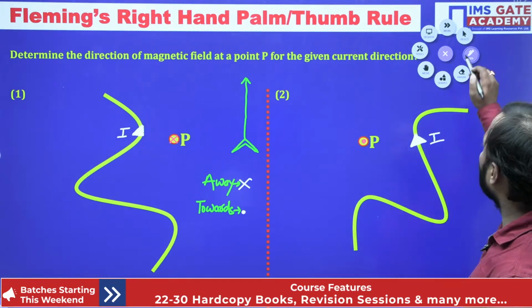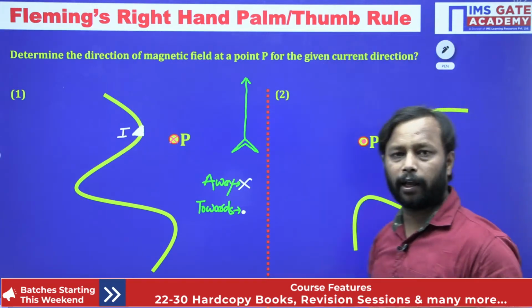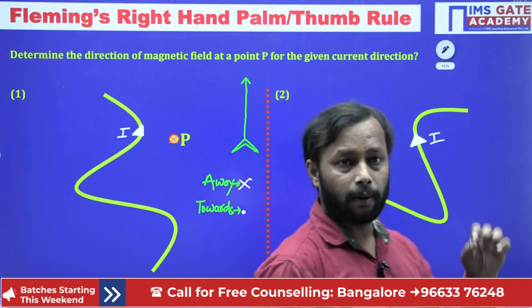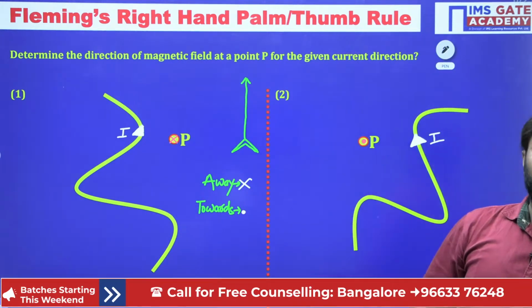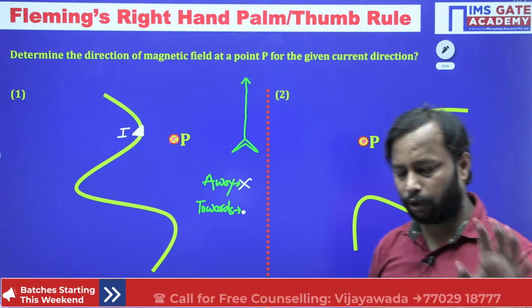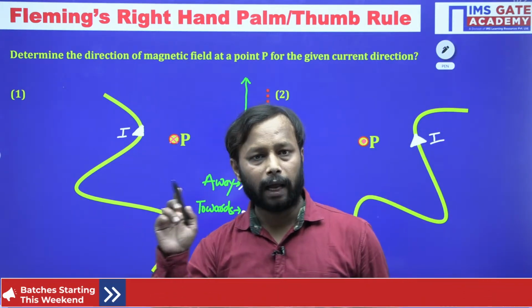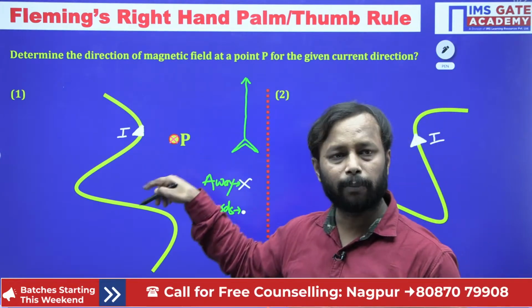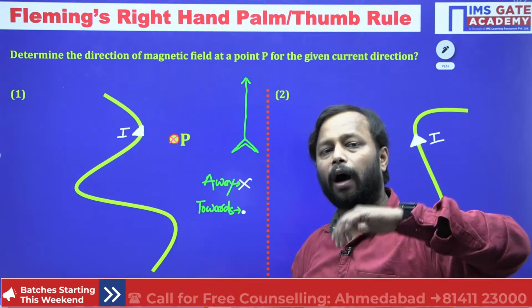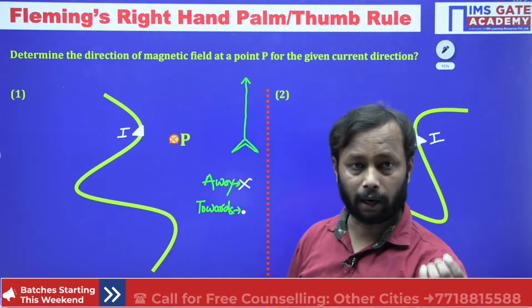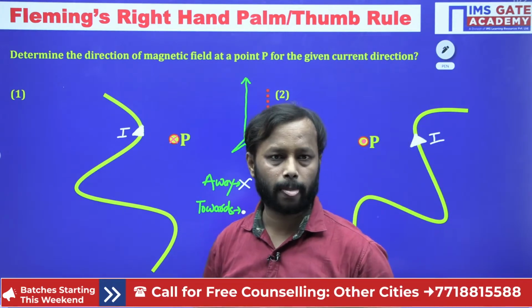So from now onward, if you find a cross and a dot in any book, it tells you information about the magnetic field, such that cross implies the magnetic field moving away from you and dot implies the magnetic field coming towards you. All right.